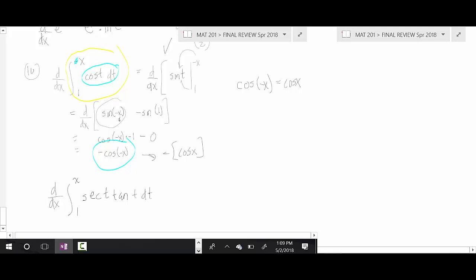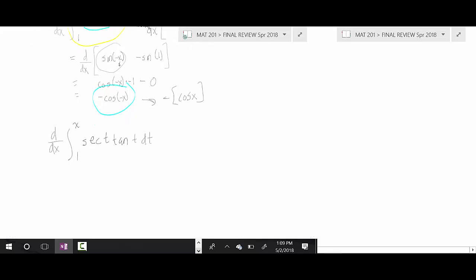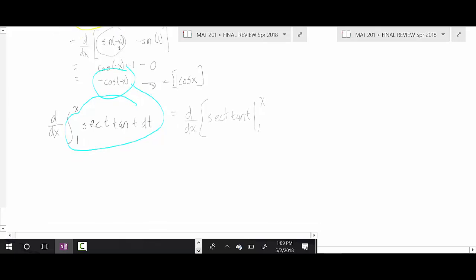Okay, let's do this one. All right, what is the antiderivative of secant tangent? Secant, okay? So what we're going to have on this then is we still have our derivative. So we have the derivative of secant tangent from 1 to x. Okay, like that. All right. Now we're going to plug in that x. Everywhere you see a t, you're going to plug in an x.